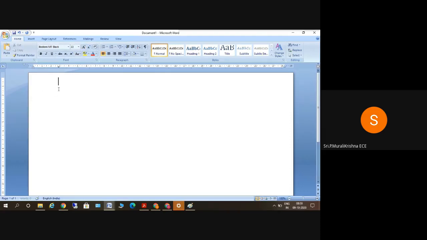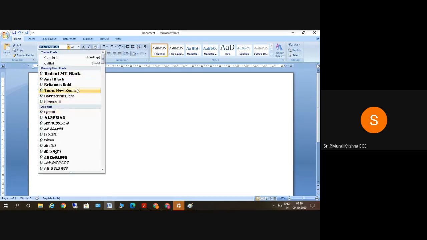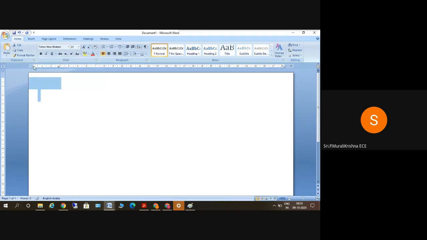Right? So for 3 input combinations, I'll take the 3 inputs as X, Y, and Z. Now the output is F here.